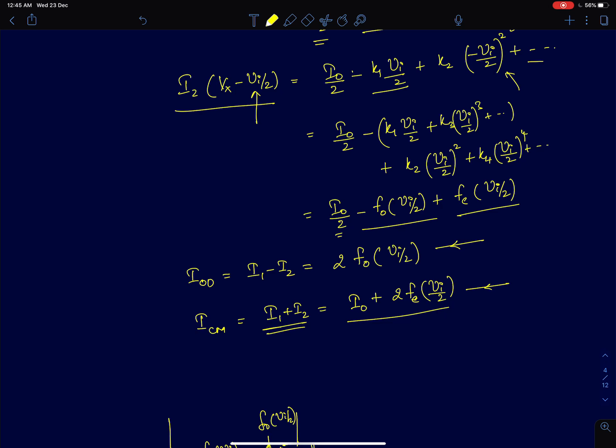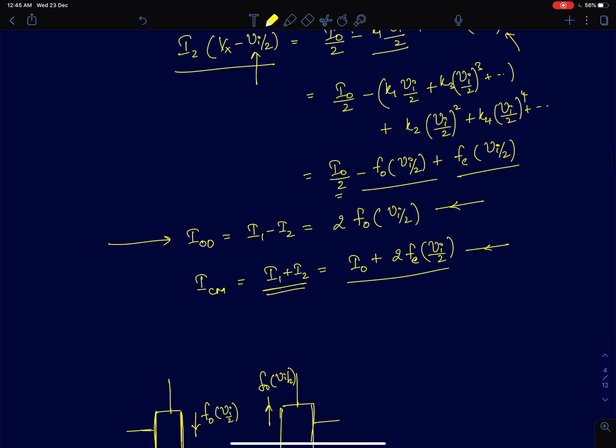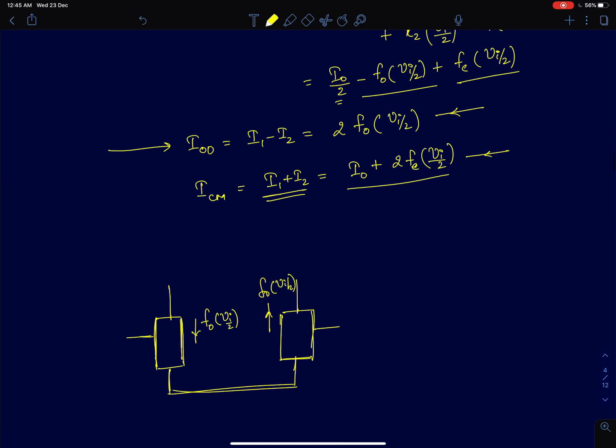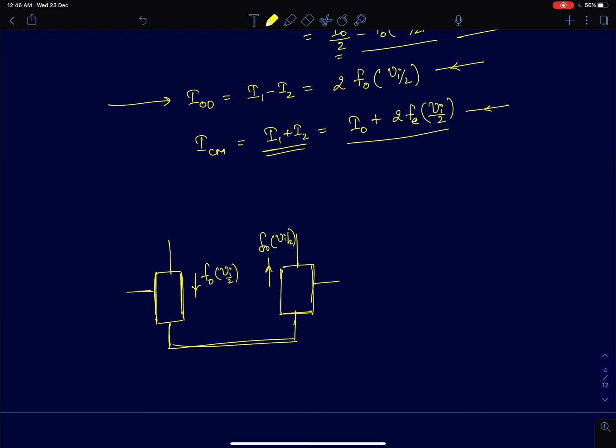The differential current will only contain odd order nonlinearities, and the common mode current will contain even harmonics.